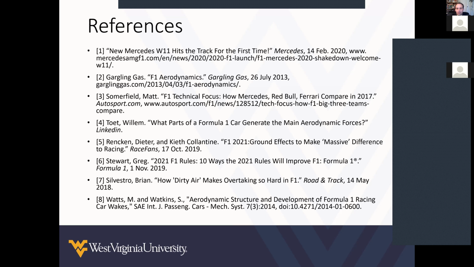Yeah. So could that be an advantage or a disadvantage? The fact that it's not encountering the clean air, is that an advantage for the car or a disadvantage? So it would depend on the track. A track with a lot of straightaways would definitely be an advantage for the trailing car, because you're going to save fuel. But on a track with a lot of turns, you need the downforce.